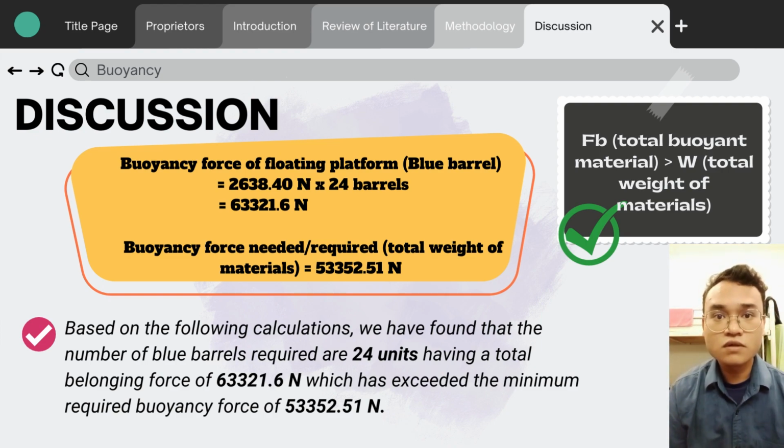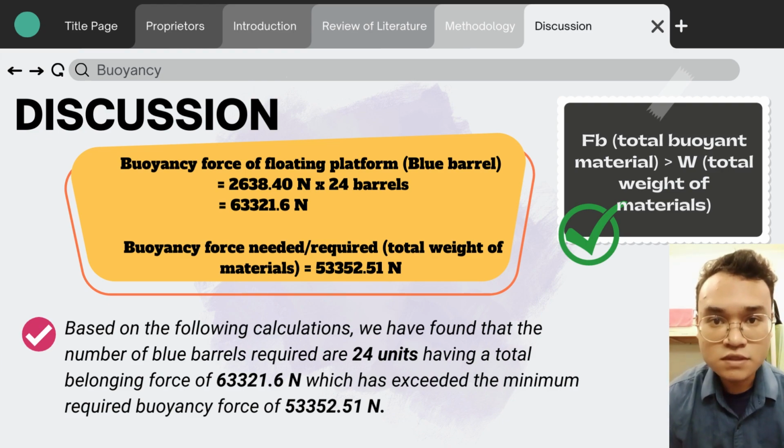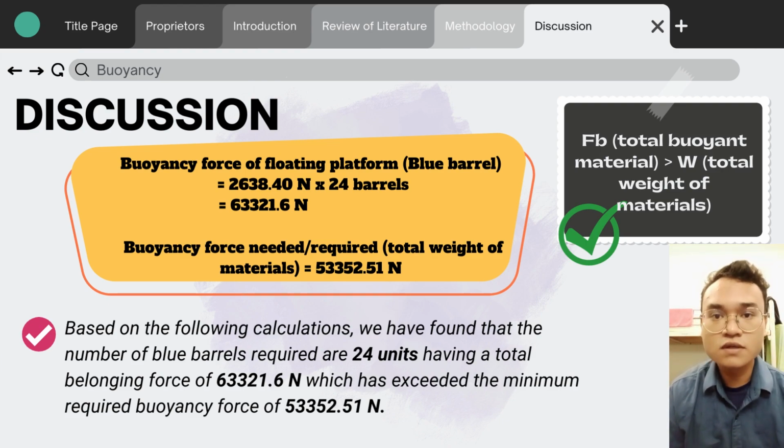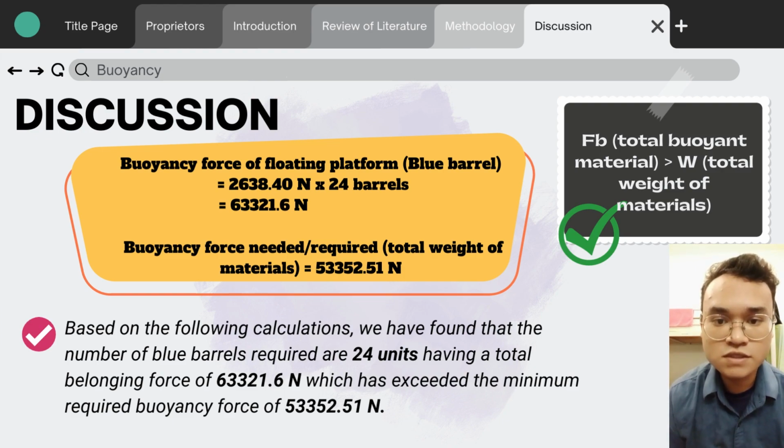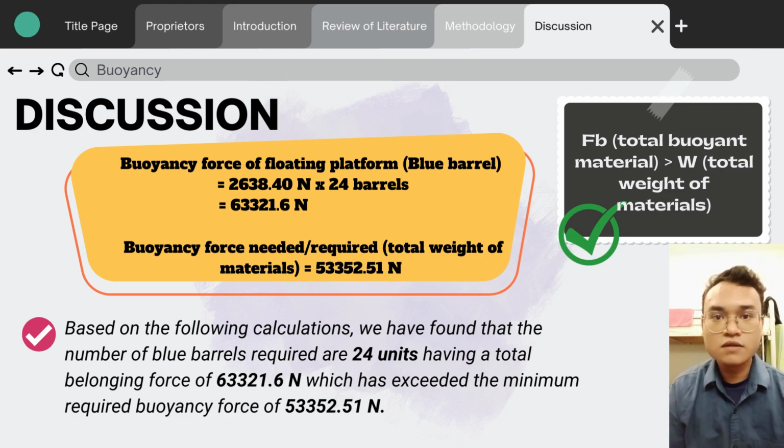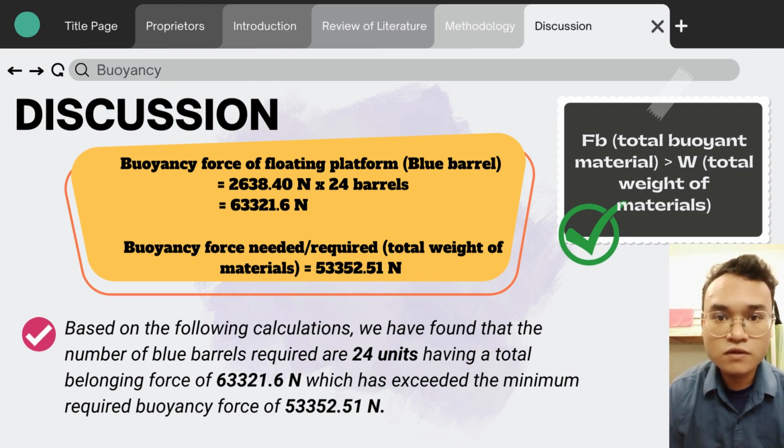So the total buoyancy force of the floating platform is 63,321.6 Newton.